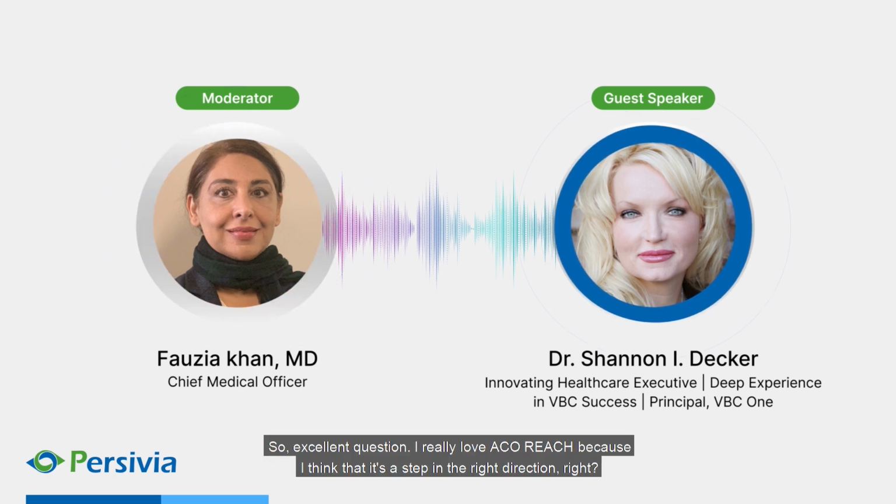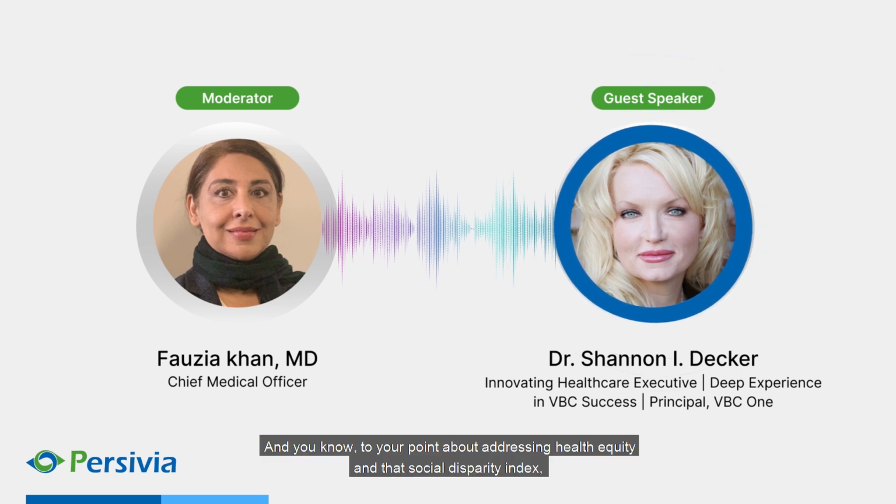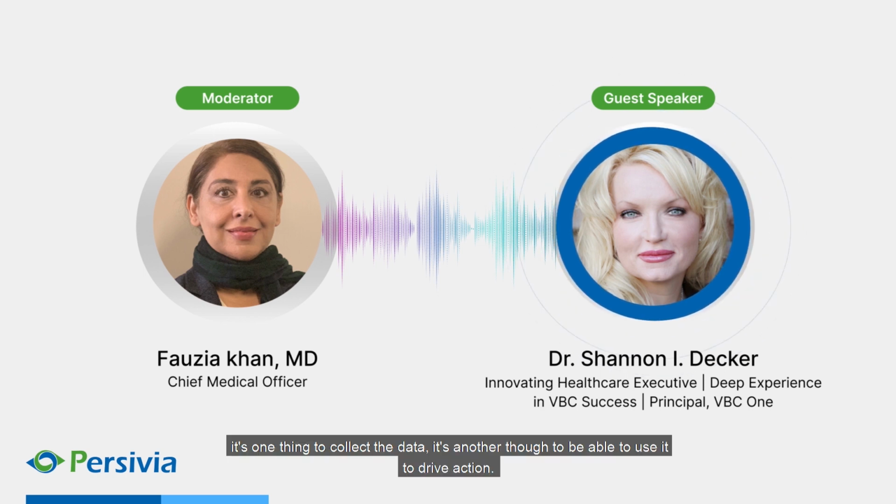So, excellent question. I really love ACO REACH because I think that it's a step in the right direction, right? It empowers physicians to be able to provide care in a way that only they would know what their patients need. And, to your point about addressing health equity and that social disparity index, it's one thing to collect the data.